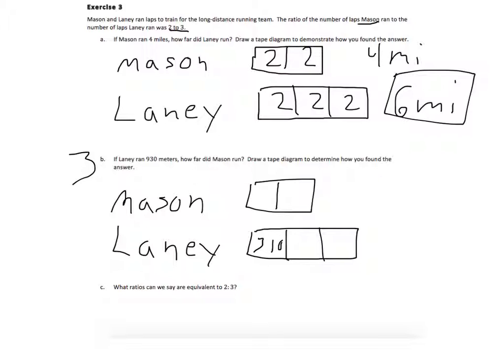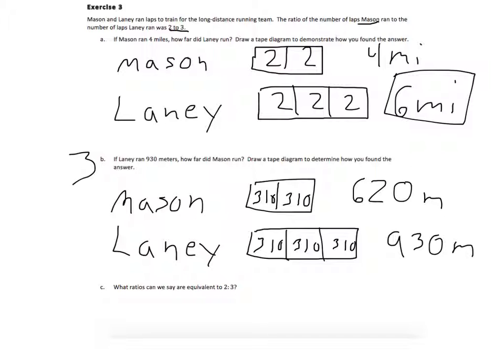So each little box or each little section is going to be 310. So 310, 310, 310 gives me the 930. Since Laney went 310 in each section, Mason's going to have to do the same thing. So I write 310, 310, and that totals up to 620 meters.